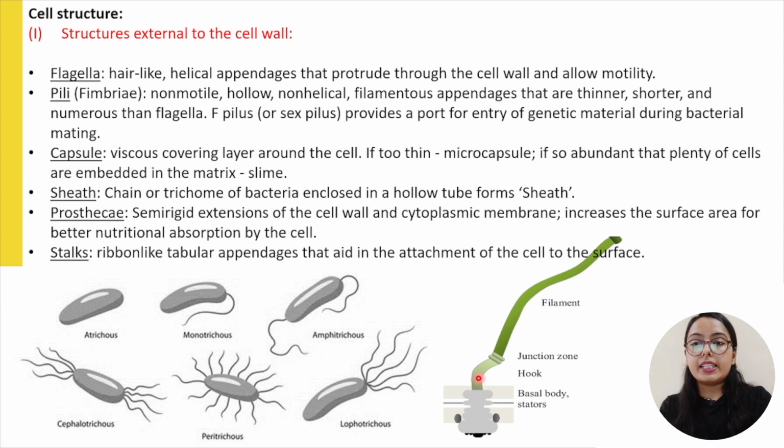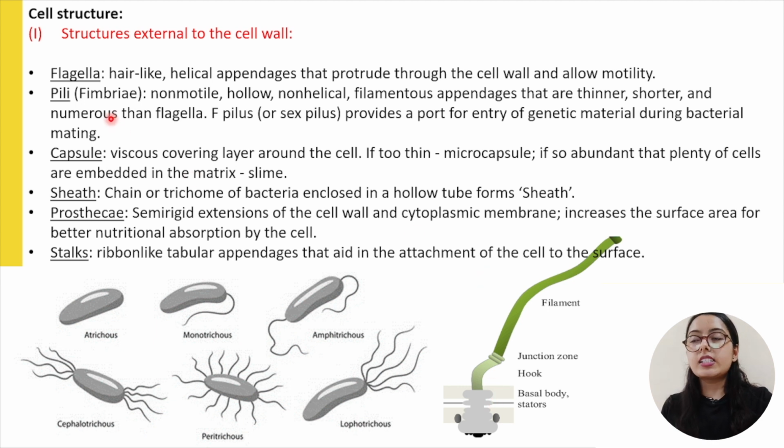The next part is this basal gray body, which is joined to the filament by the third part, which is called the hook. So there are three parts: the long filament, the junction zone or hook, and the basal body. The basal body is attached to the cell membrane of the bacterial body.